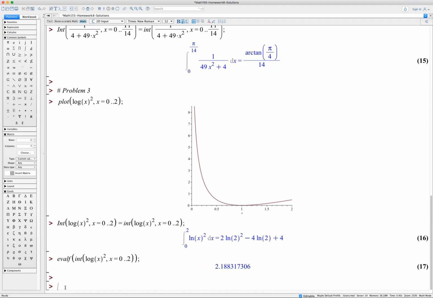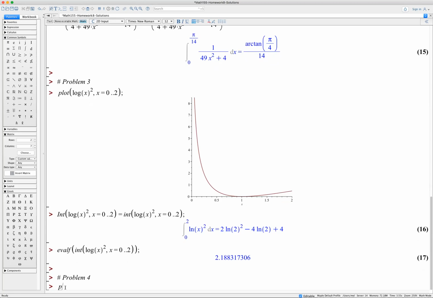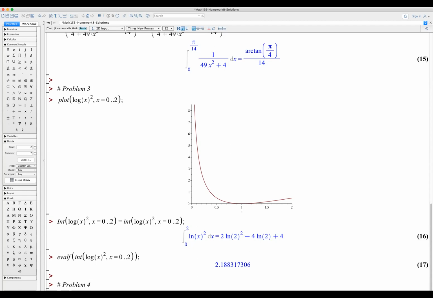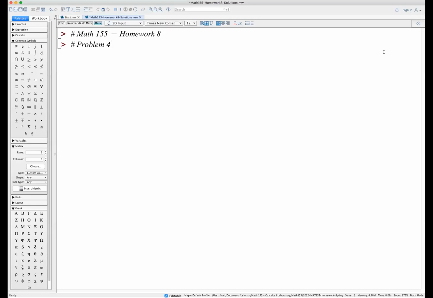Problem 4. So we want to plot, okay, sorry, this is to continue the homework 8 from Math 155.